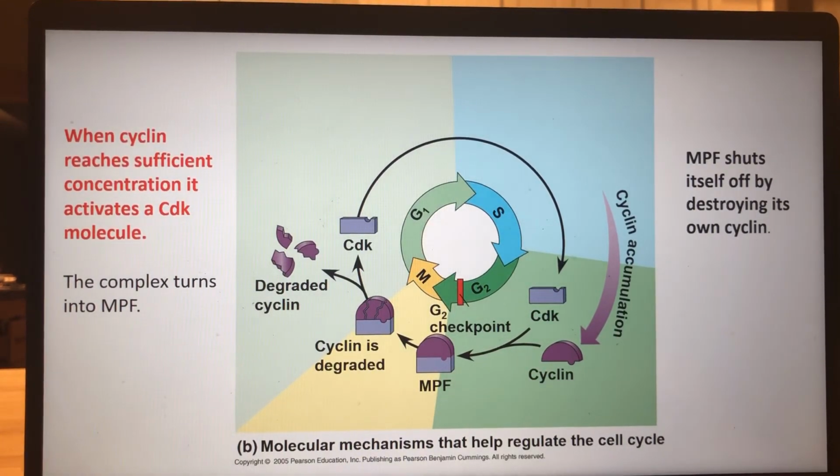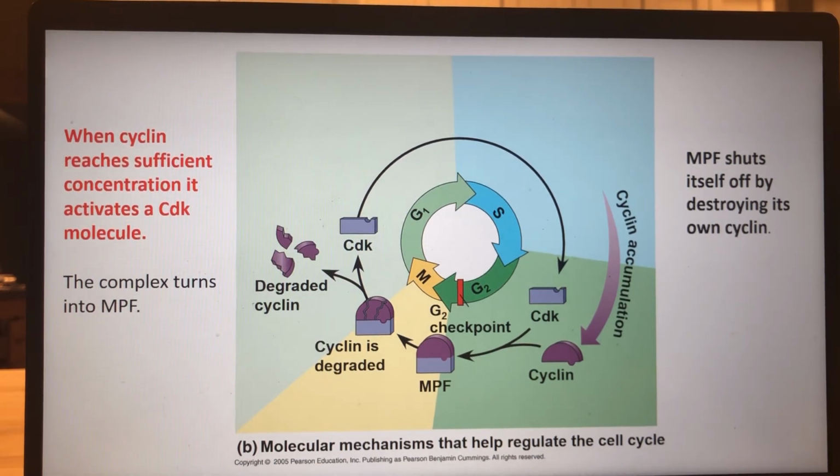So what we need to know, remember that's in red, when cyclin reaches a sufficient concentration, it activates that CDK molecule. In our example, MPF is basically turned on when the cyclin associated with it reaches this threshold level.